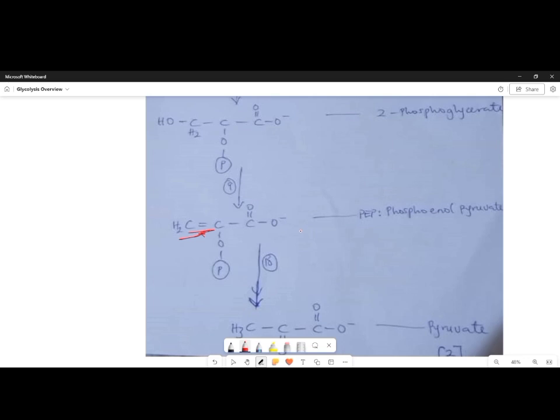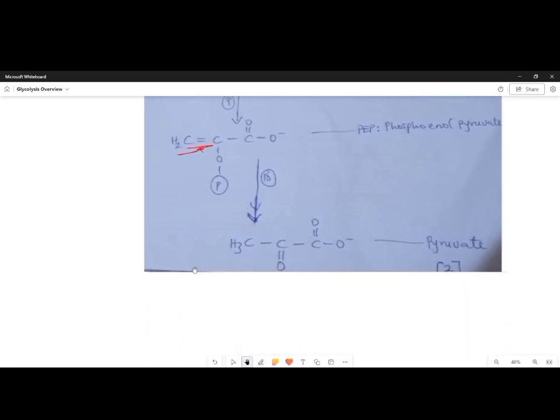So that's the formation of phosphoenolpyruvate. Moving right along is the 10th step, which is the final step, and that is the conversion of phosphoenolpyruvate to pyruvate.